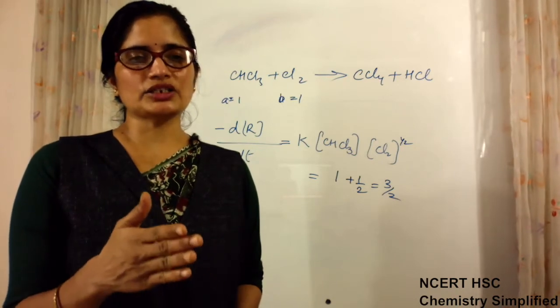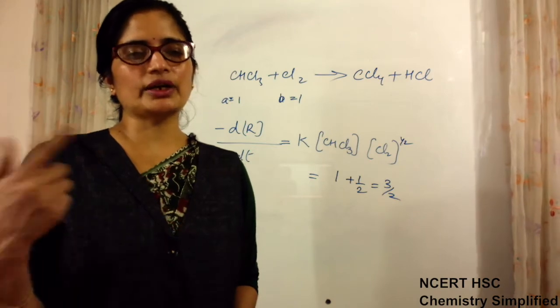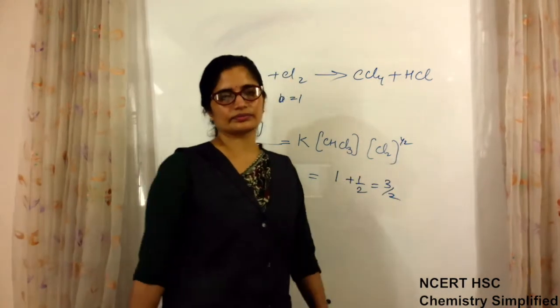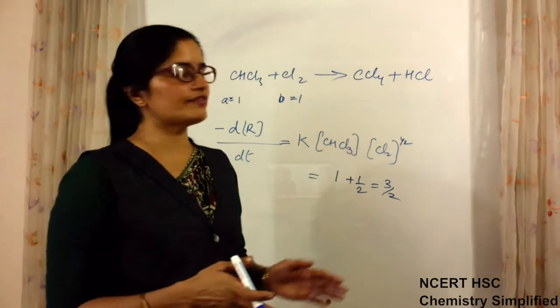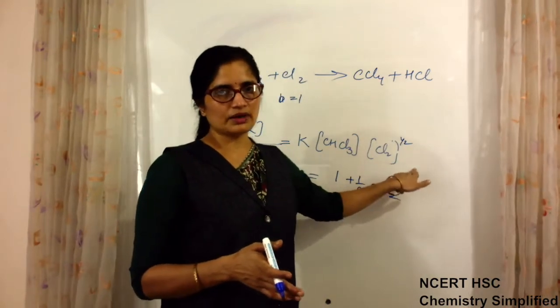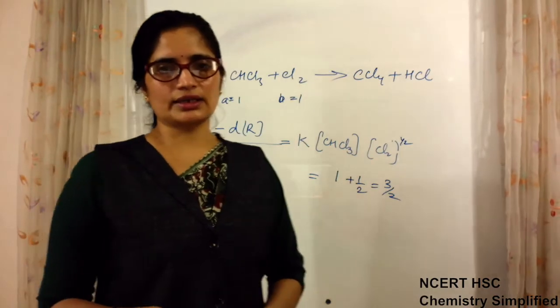If doubling the amount of something makes the rate of reaction half, that is why this power came as half here. So this power tells how the concentration is affecting the rate, and it is not related to the coefficients written here.